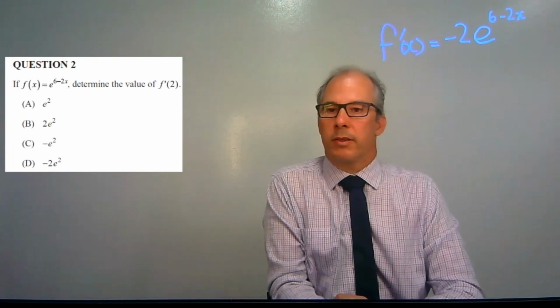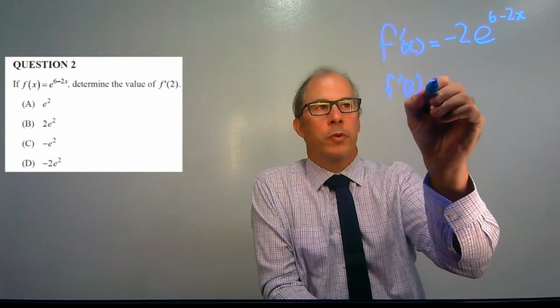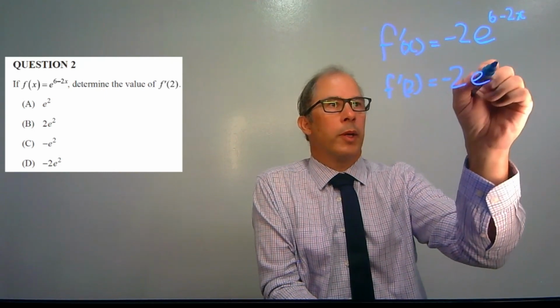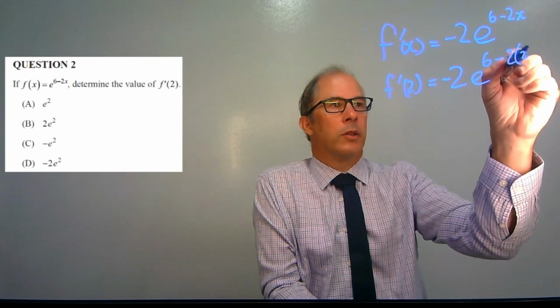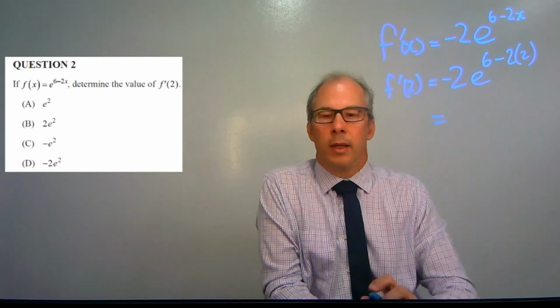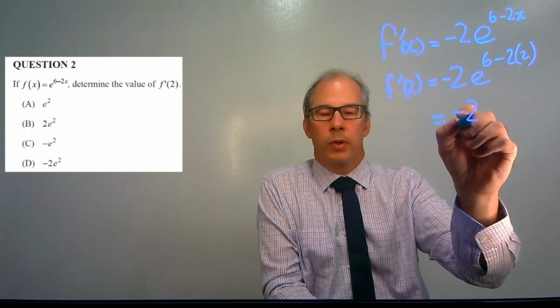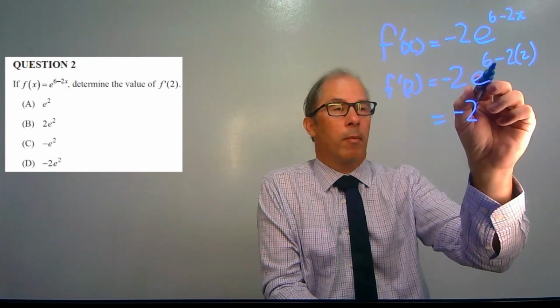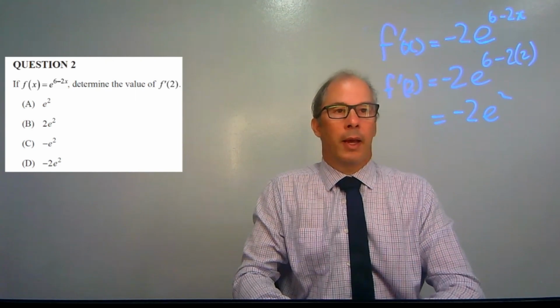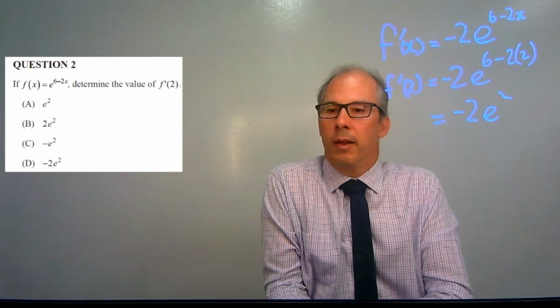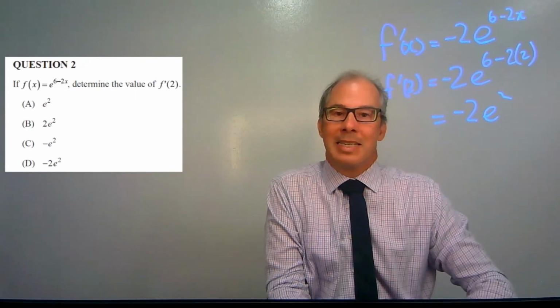That part there doesn't change. Substitute 2 into this and I should be able to solve it. 6 minus 2 times 2, that's 6 minus 4, and that gives me negative 2 e to the 2. In this case, that corresponds to answer D.